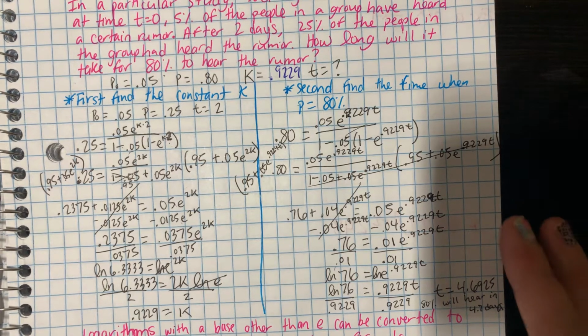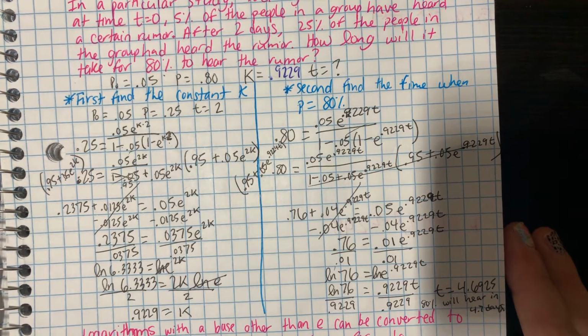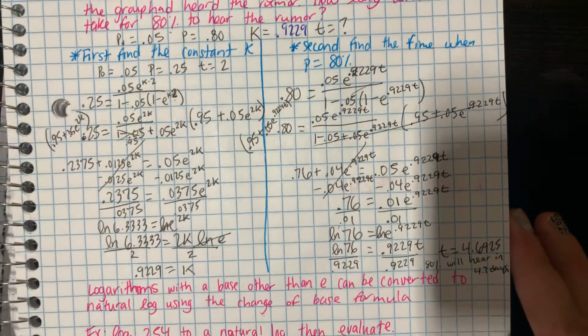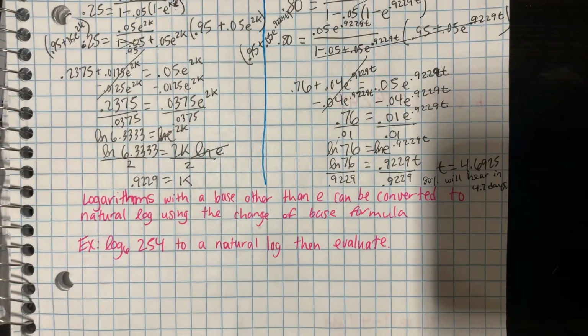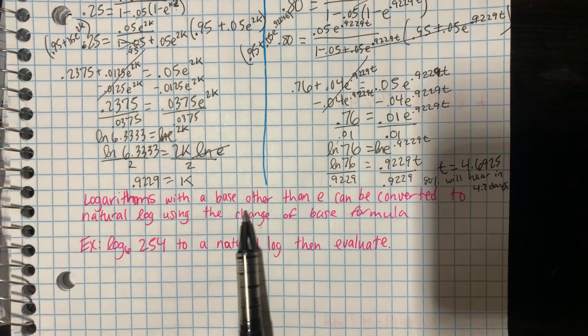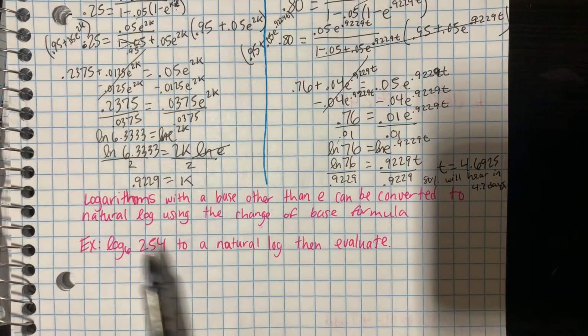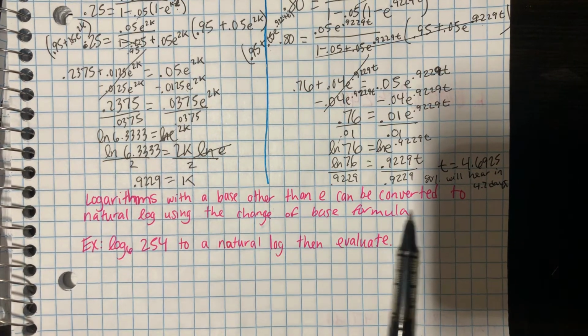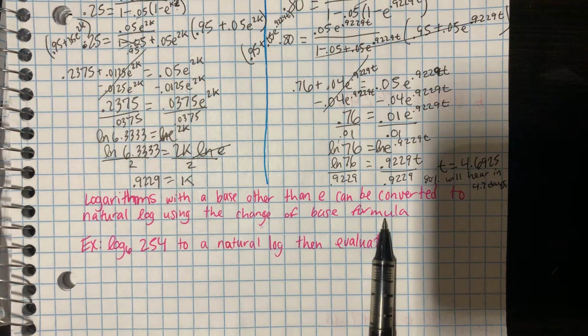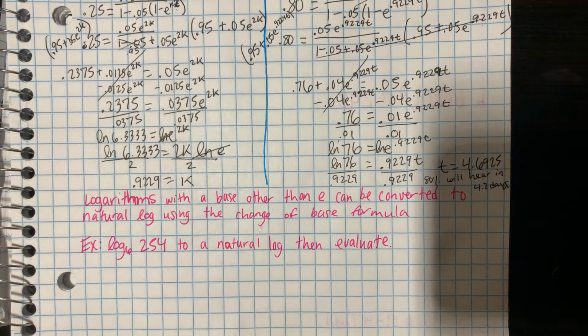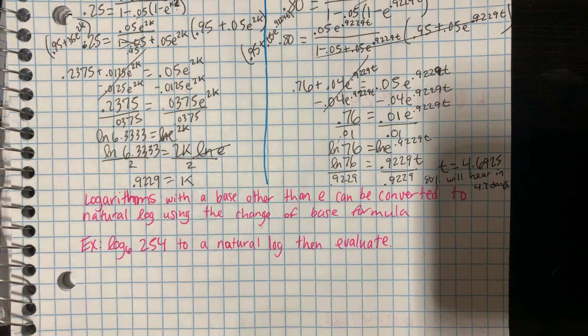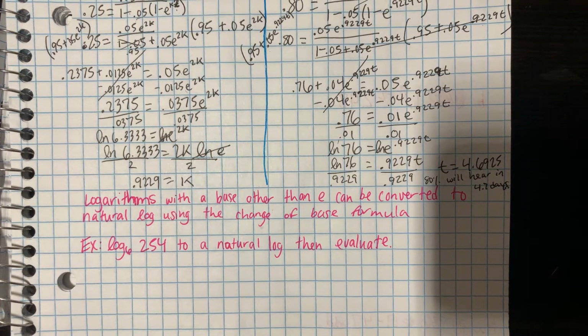All right. Today we have a very few amount of concepts. So, next thing, logarithms with a base other than e can be converted to the natural logarithm using the change of base formula. Just like we did change of base formula before for log base 10, we can also do it for natural logarithm.